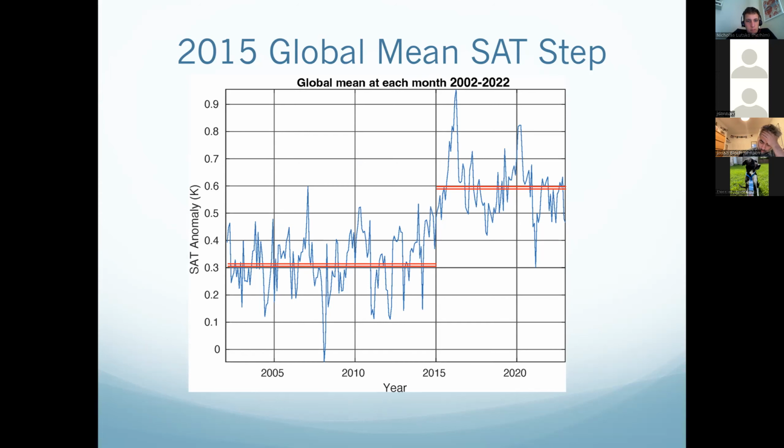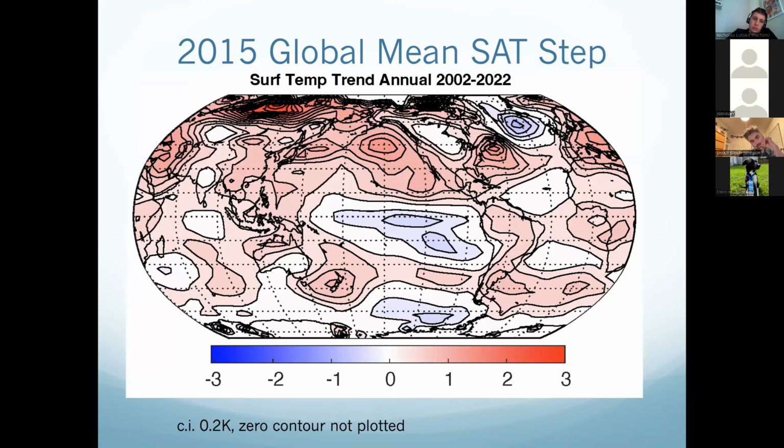And it's interesting to look at the spatial structure of that step in global mean surface temperature. Actually, this is the trend from 2002 to 2022. The interesting thing to me is that this pattern of cooling in the Pacific and cooling in the Southern Ocean has persisted through that global warming jump.